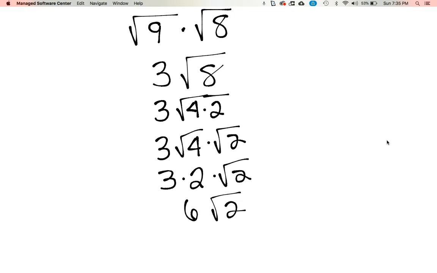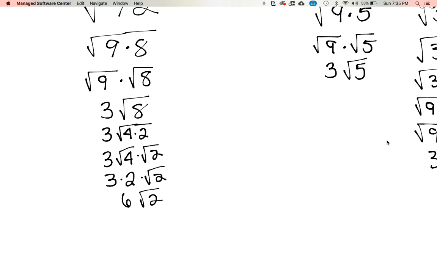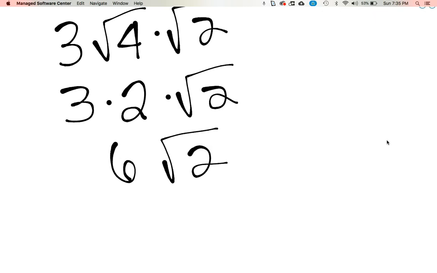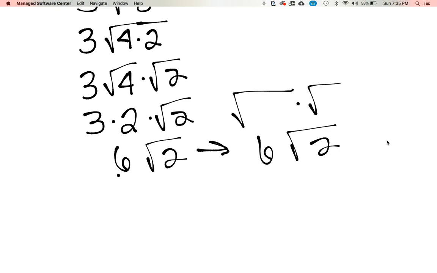What that means is we did not find the biggest perfect square that is inside of 72. And we kind of know now what the biggest one was, because if I take this back and go backwards, this 6 came from the square root of what? 36.